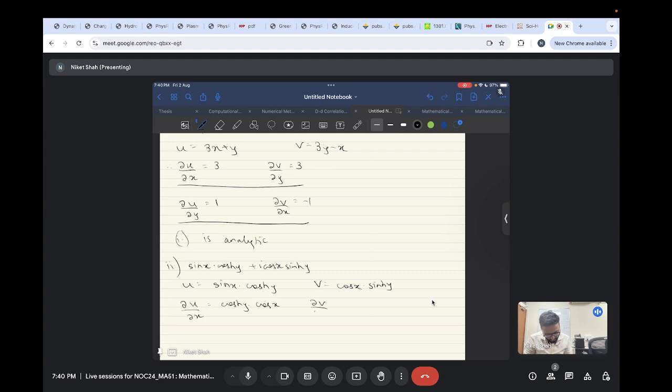Del v by del y is equal to cos x into cos y. So the first Cauchy-Riemann condition is already satisfied.